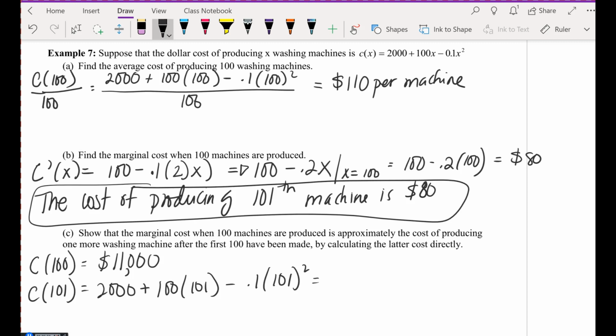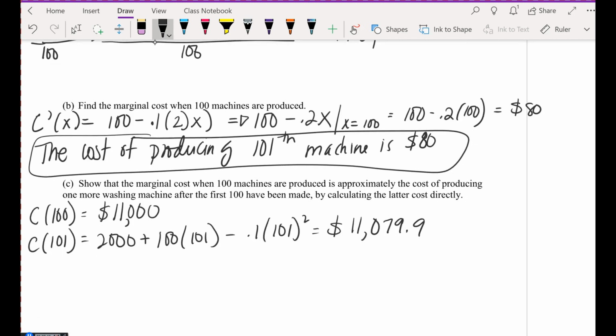So total cost for all 101 machines is what? Hopefully more than 11,000 if we did it right. What is it? 11,079.9. So how would we find the difference between 100 and 101? Subtract the two. So algebra-wise, this is what we would do back before calculus was invented.